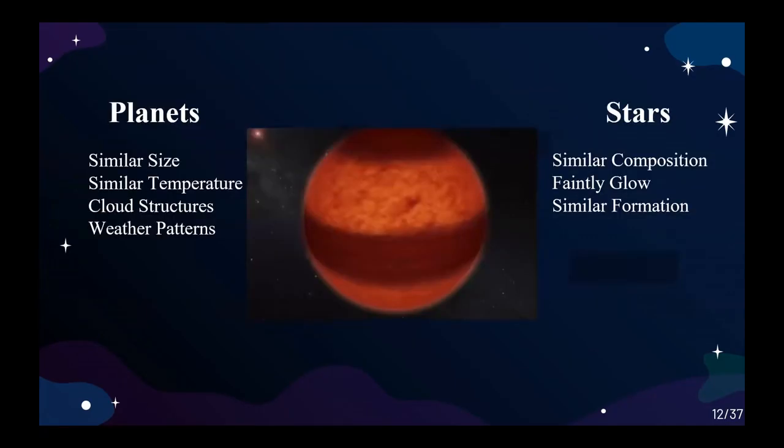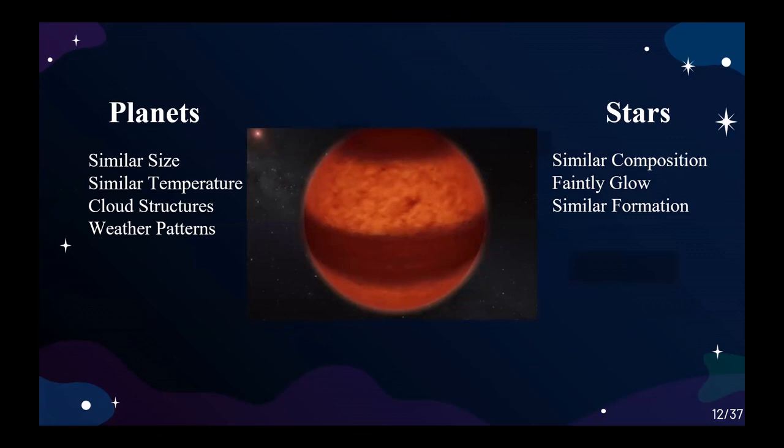With brown dwarfs, they have similar characteristics of both planets and stars because of the way they form. Their similarity to planets is they have similar size, similar temperature, and they have cloud structures, sort of like Jovian planets like Jupiter, with the large storms and cloud convections and weather patterns.